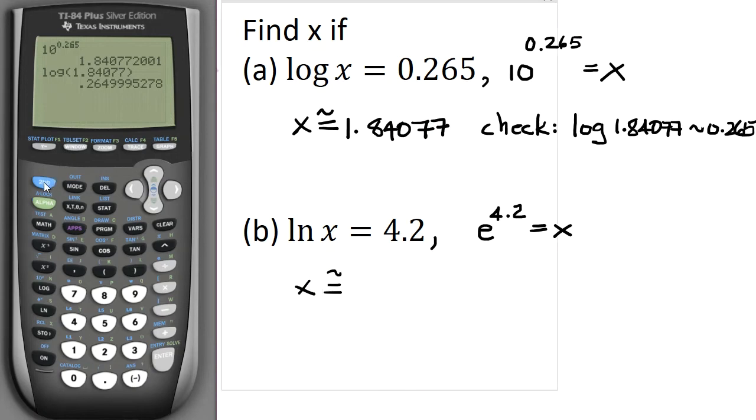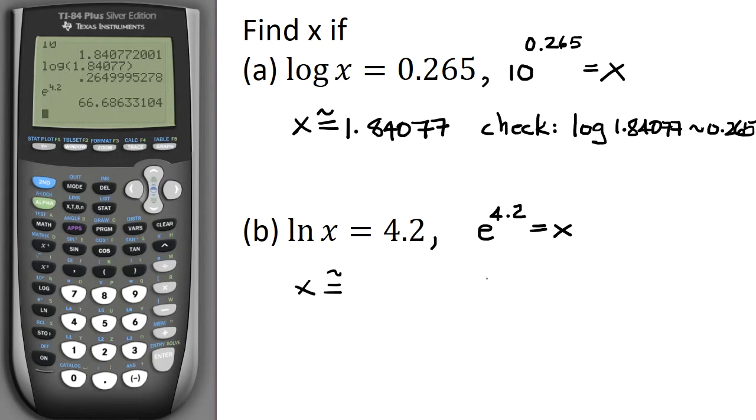So here we're going to have to use the second key, e to the 4.2 power, enter. And that's going to give us about 66.68633. So you could choose more or fewer decimal places.